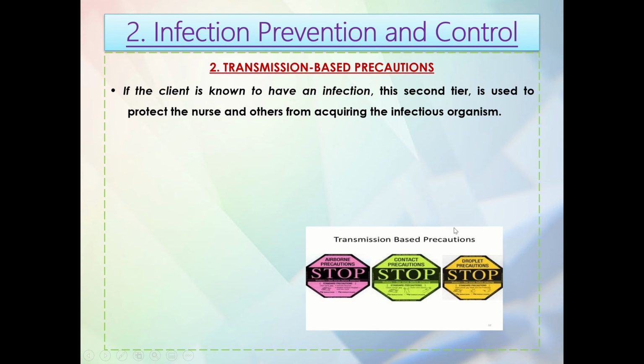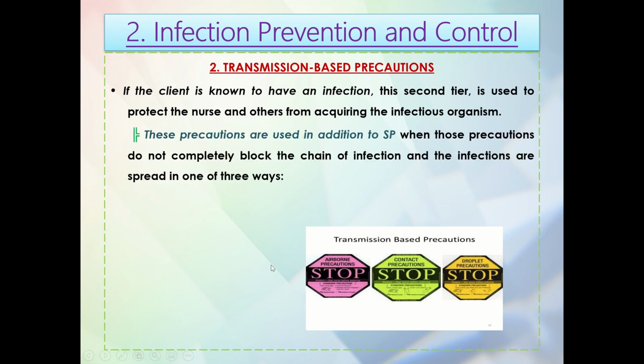Next, the second one is transmission-based precautions. For transmission-based precautions, if the client is known to have an infection, ito yung second tier na ginagamit. Okay, to protect the nurse and others from acquiring the infectious organism. Kung alam natin na sa pasyente ay may infection, so we use the transmission-based precautions. So these precautions are used in addition to SP.